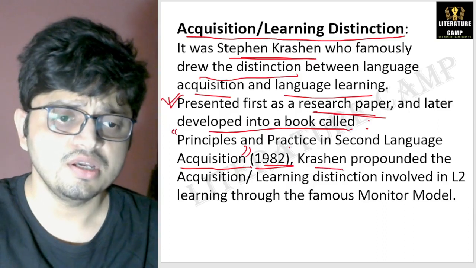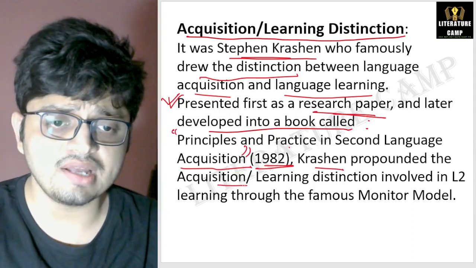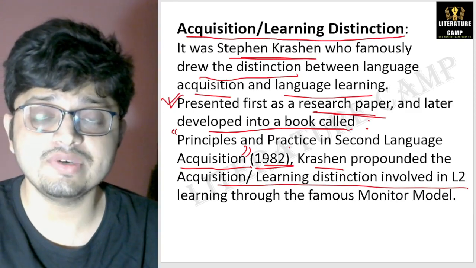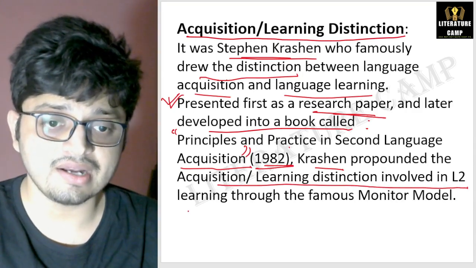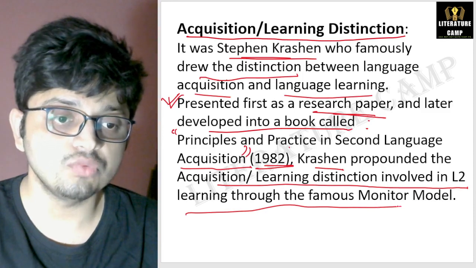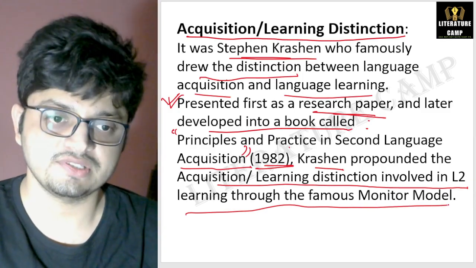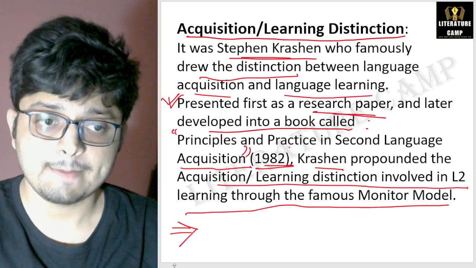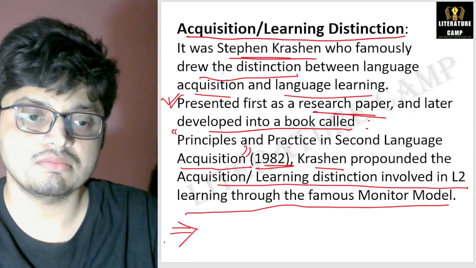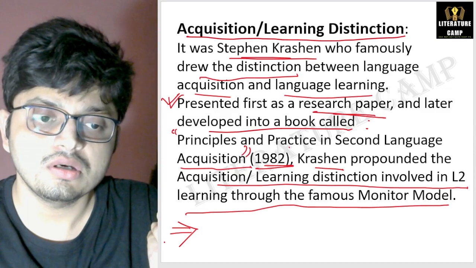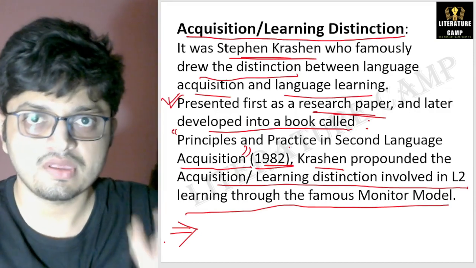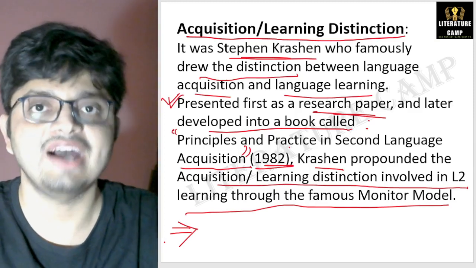And Krashen propounded that the acquisition and learning distinction involved in L2, that is language 2, second language learning, through the famous monitor model hypothesis. So another question can come: what is the monitor model hypothesis, or who propounded or coined the term monitor model hypothesis?